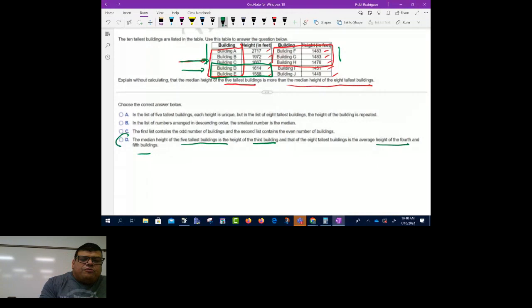So this right here, y'all, best explains why the median of the 5 tallest buildings is more than the median of the 8 tallest buildings, right? Because again, we're looking at either the third one or the average between the fourth and the fifth, right? And again, those heights were already in descending order, meaning from the biggest to the smallest. Okay.